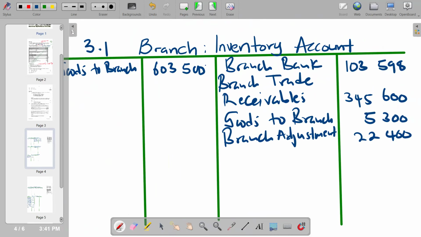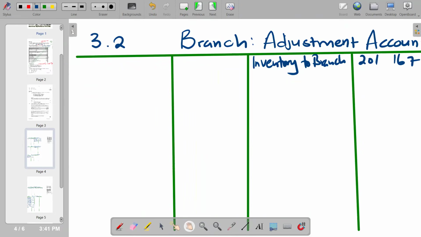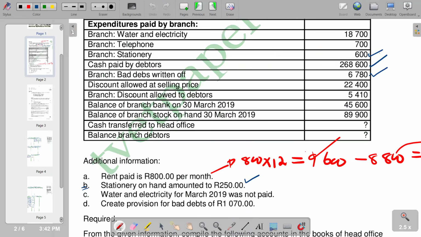Debit side of the branch adjustments and put 22,400 again, which is coming from branch inventory. So this is what we have for this part. And then we proceed to the next part. We are done with 22,400.